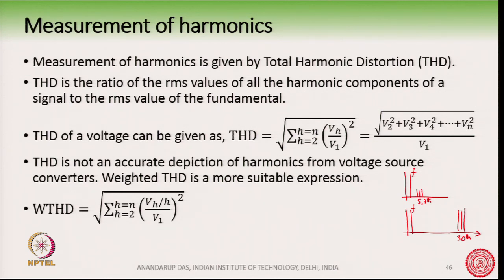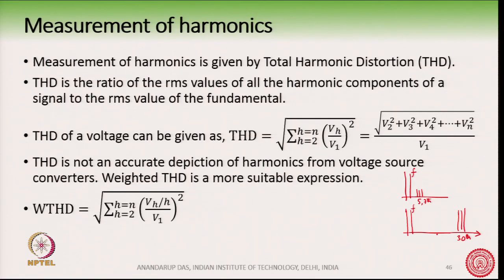Okay. If you now do the THD analysis of this, you will see that THD is more here and THD is less here. THD is more because the amplitude of the 30th harmonics is much higher, whereas the THD is less here because these are harmonics having less amplitude, although they are very close to the fundamental.